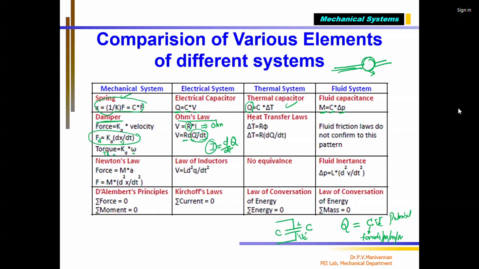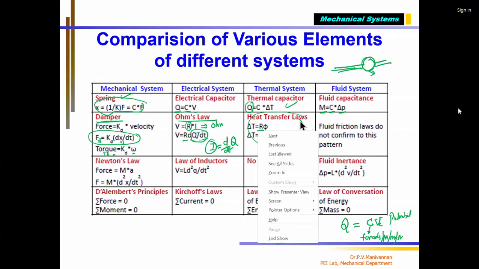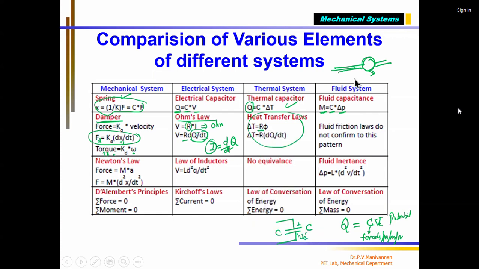Then in a thermal system, there's no exact equivalent; the only thing is heat transfer with a conductor. That can be equated to energy dissipating, I mean heat loss. How much heat is lost depends upon the thermal resistance. If I take a metal, it offers some resistance to the heat flux.